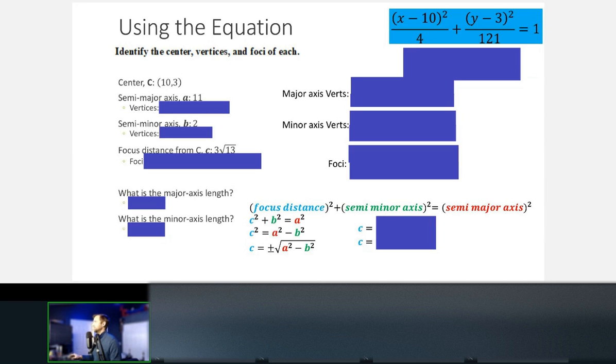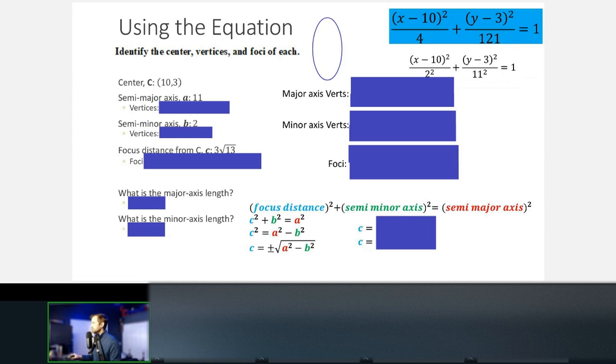Is this going to be a vertical or horizontal ellipse? It's going to be a vertical one. So let's go ahead and just draw a little picture of a vertical ellipse. We can rewrite the equation. It looks like that.